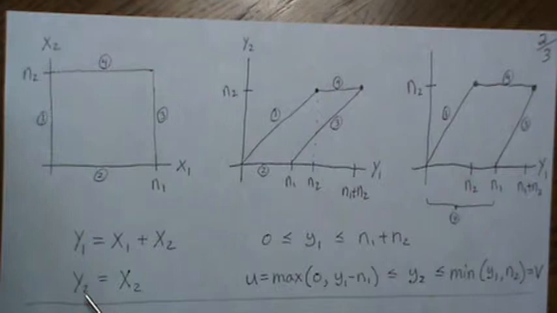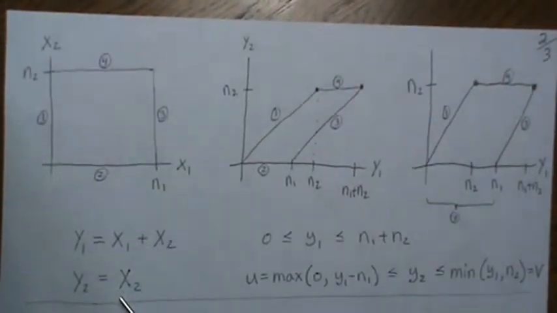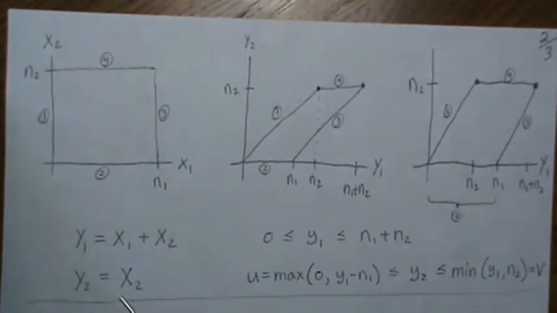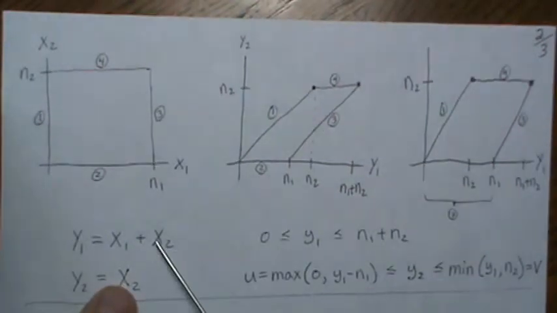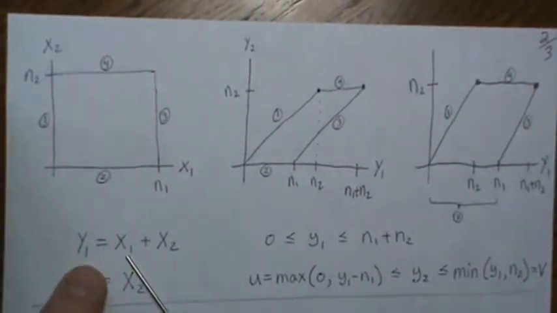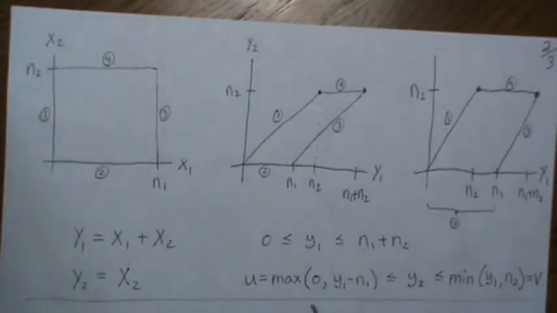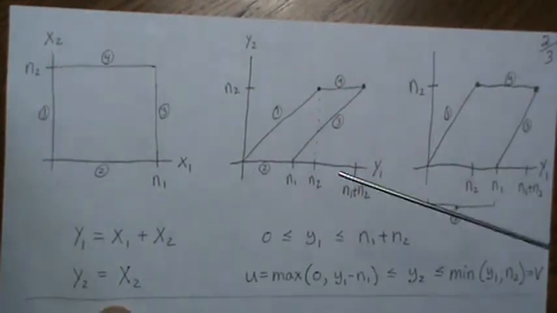You can let Y2 be unrestricted, meaning it goes from 0 to n2, and then you find the restrictions on Y1. Or you could unrestrict this, say Y1 is between 0 and n1 plus n2, and then you find the restrictions on Y2. And in this case, that's what we're going to do, but it really doesn't matter.